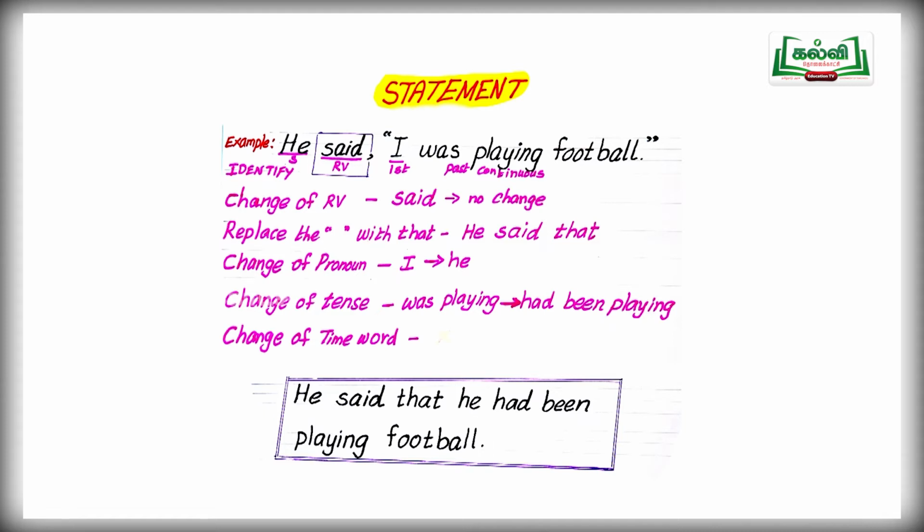Change of reporting verb: said to, no change. Replace the inverted comma with that. Then the sentence is, he said that. Change of pronoun: I refers to the speaker, he. So I becomes he. Change of tense: was playing becomes had been playing. Change of time word: no change. He said that he had been playing football.